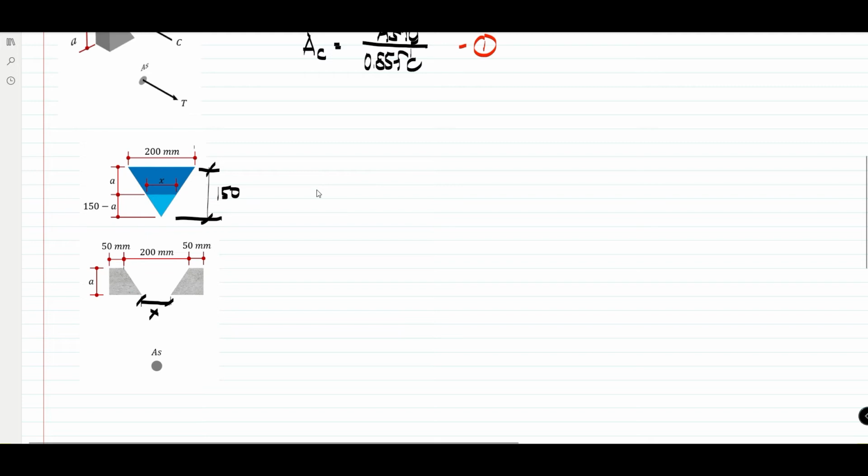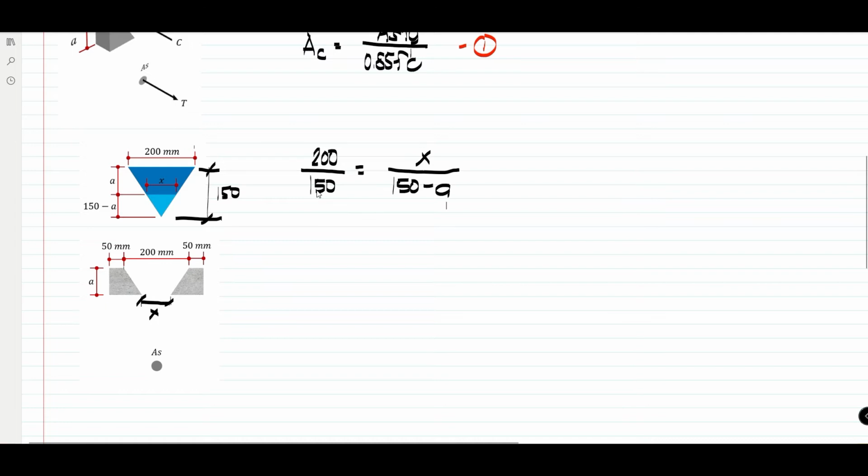So by ratio and proportion, itong ilalim na triangle is may height na 150 minus the A. So from that point of view, we can have the ratio and proportion as 200 over 150. That is equivalent to a value of the X divided by 150 minus A.